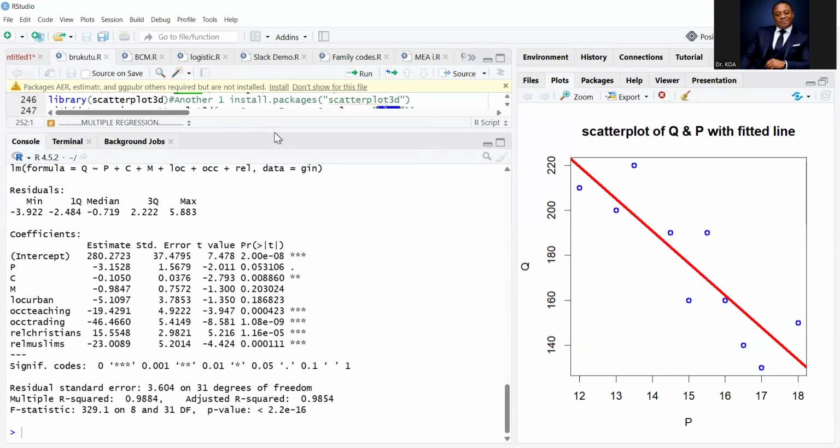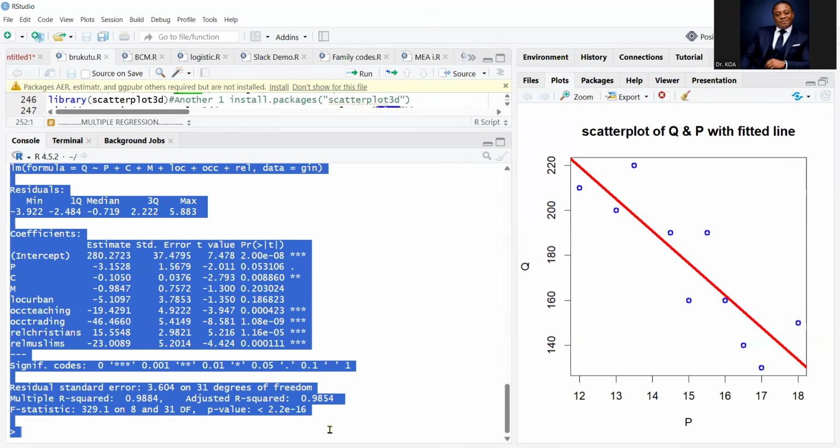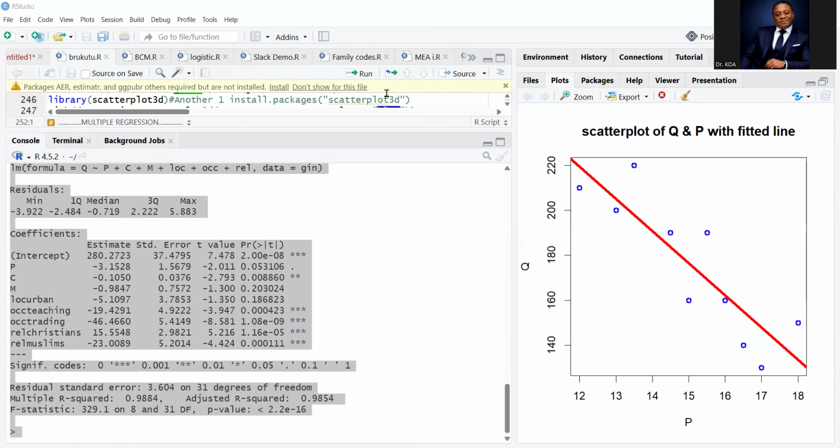In this multiple regression, you have all the variables and how they are affecting the response. You will get a similar multiple regression in the exam.